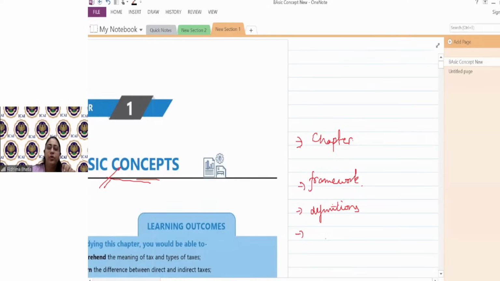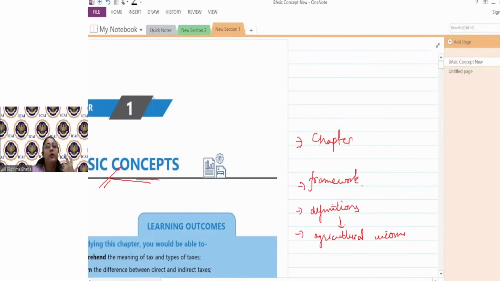Another important definition is agricultural income. Earlier, agricultural income was part of chapter 3, exempt income, but now it is included here. So what is agricultural income and what all comes in agricultural income, all of that would be covered here.